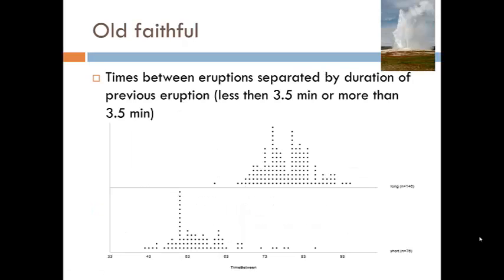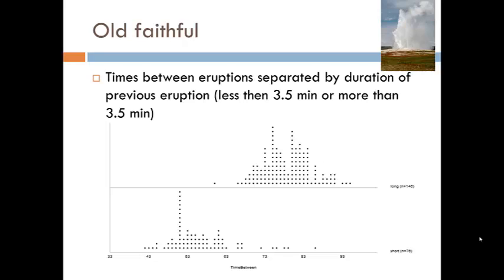What park rangers and researchers noticed is that the length of the prior eruption seemed to do a pretty good job of telling you something about how long it was going to be until the next eruption. So what we've done here is we've separated that previous dot plot into two separate dot plots. In the top dot plot, we're looking at the time until the next eruption where the prior eruption was quite long.